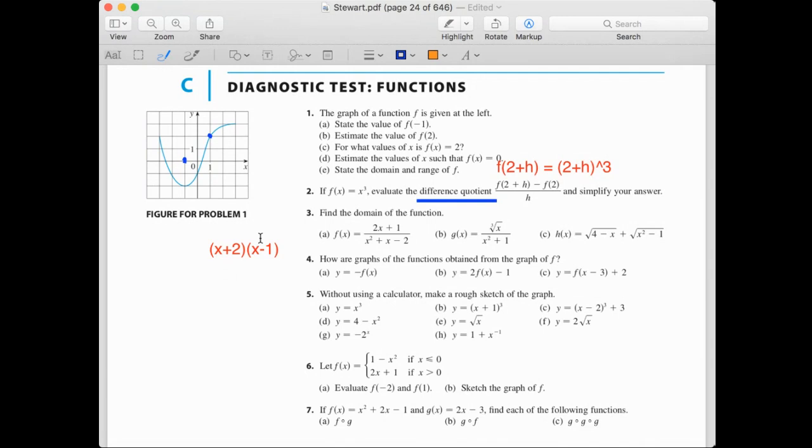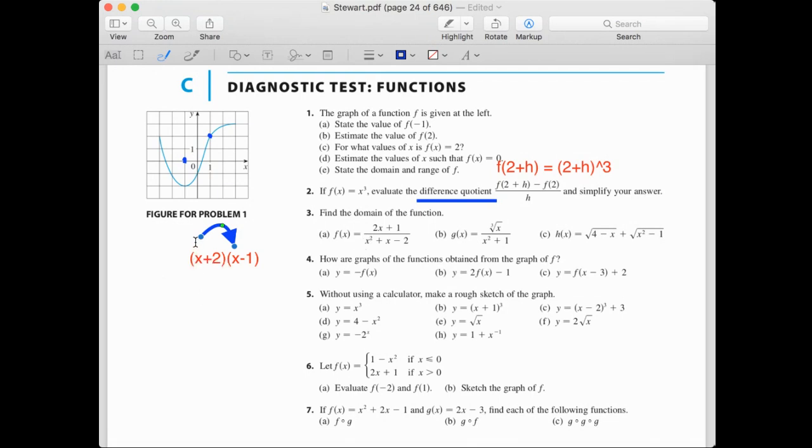So we check. x times x gives us the first one, x squared.